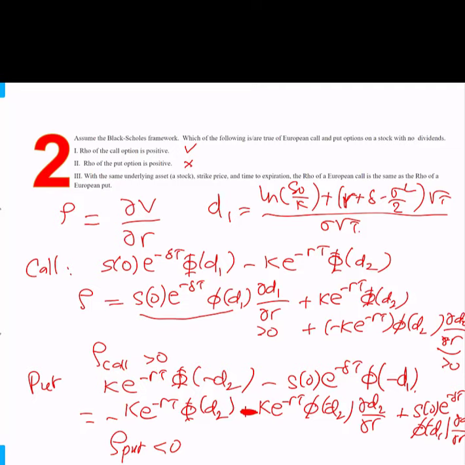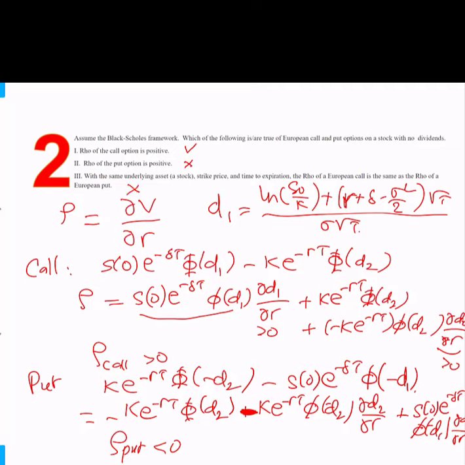So this is incorrect. Now for number 3, with the same underlying assets, strike price, and time to expiration, the rho of the European call is the same as the rho of the European put. This is incorrect because the rho of the call option is positive and the rho of the put option is negative. So they cannot be equal.